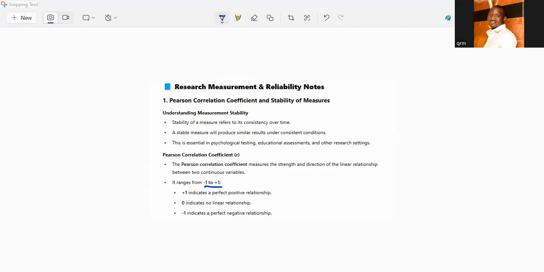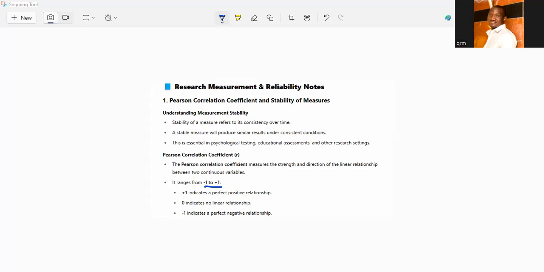Now, why do we use Pearson's R correlation to assess stability? In test-retest reliability, the test is usually administered to the same group at 2 points in time. The Pearson's correlation between time 1 and time 2 will determine how stable the measurement is. For instance, you want to administer an IQ test for UNILA students on a Monday, and again 2 weeks later.